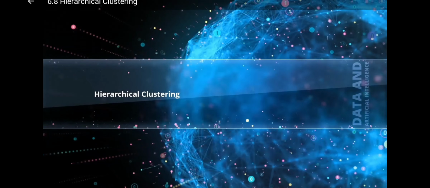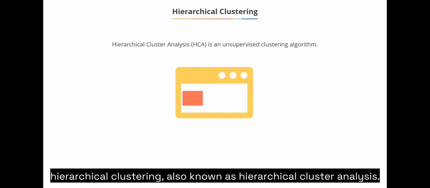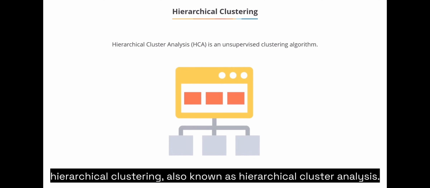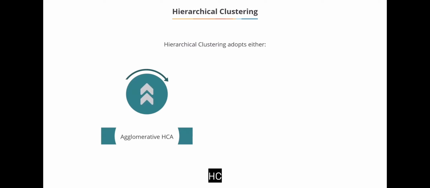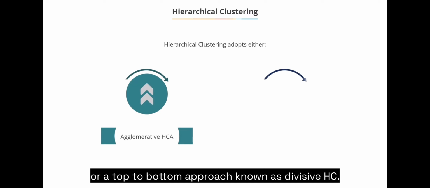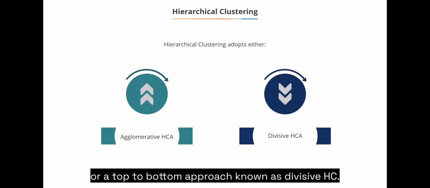Hierarchical clustering. Hierarchical clustering, also known as hierarchical cluster analysis, HCA, is an unsupervised clustering algorithm. It adopts either a bottom-to-top approach to grouping data, known as agglomerative HCA, or a top-to-bottom approach, known as divisive HCA.